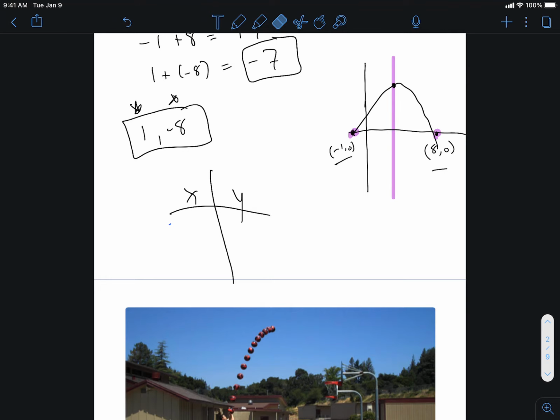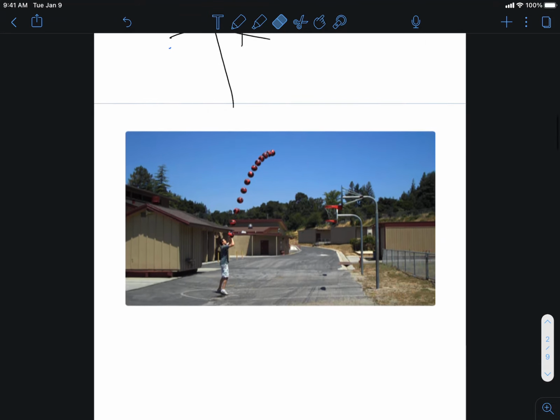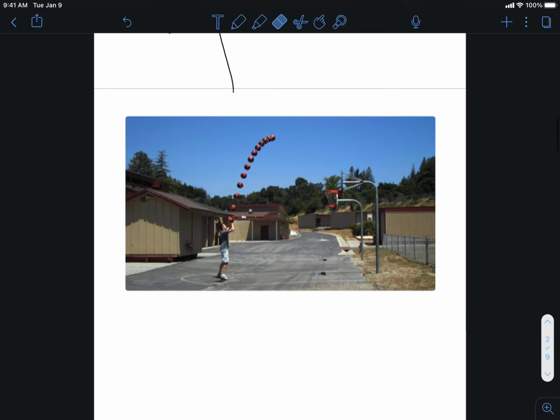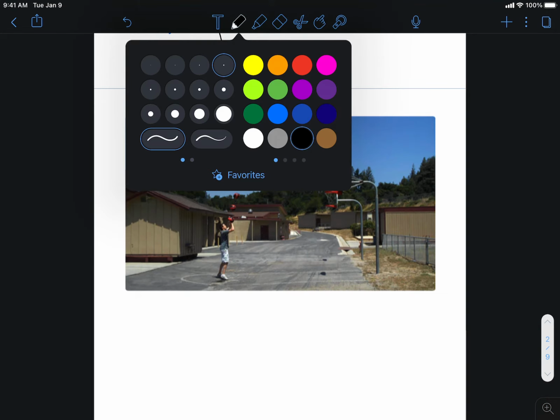Okay, so we're just gonna run through a couple of these. Okay, so here's somebody shooting a basketball. Okay, so when you shoot a basketball, I'm just gonna start identifying some terminology for you. I'm just gonna try and pick a color that I think is gonna stand out here, though.